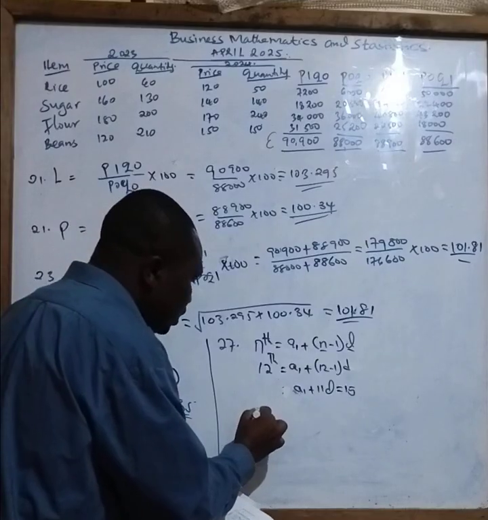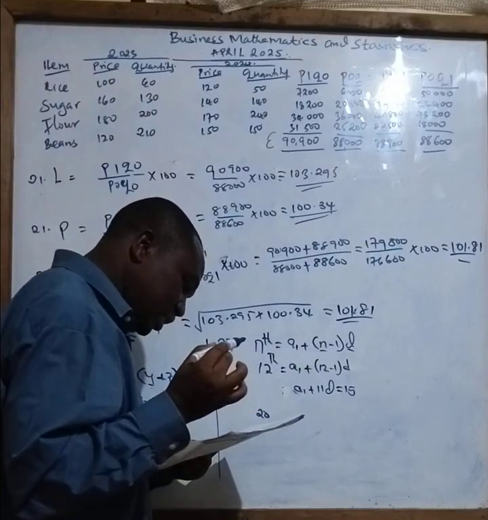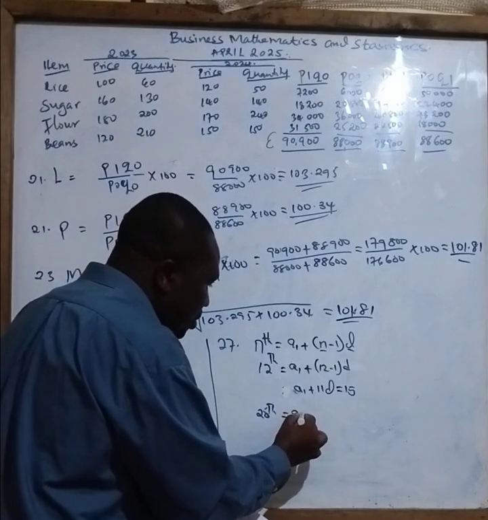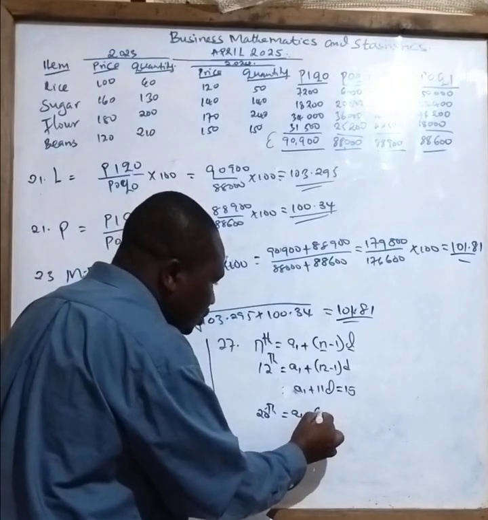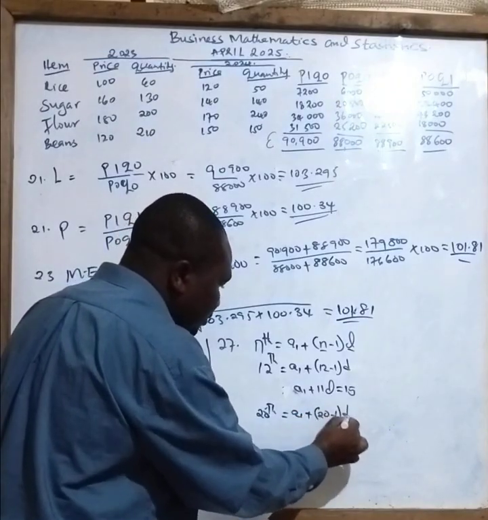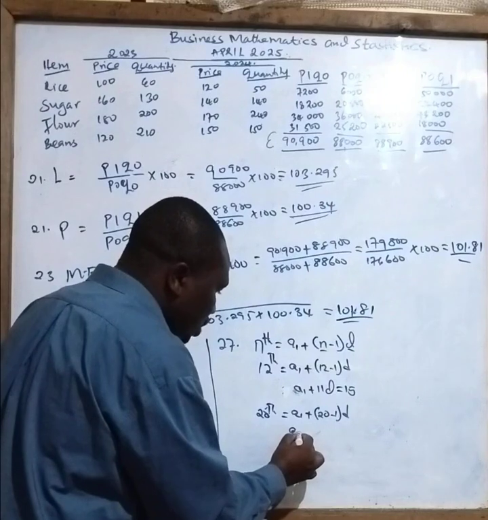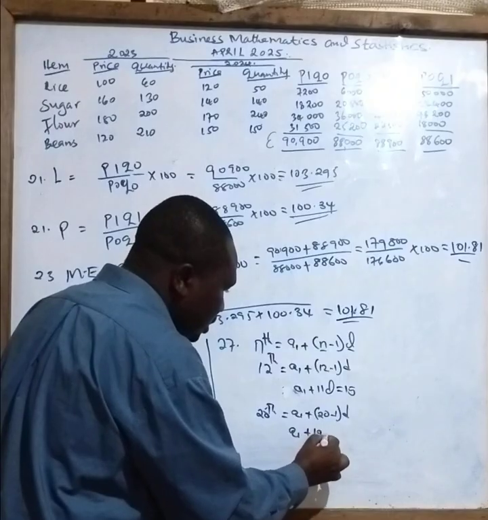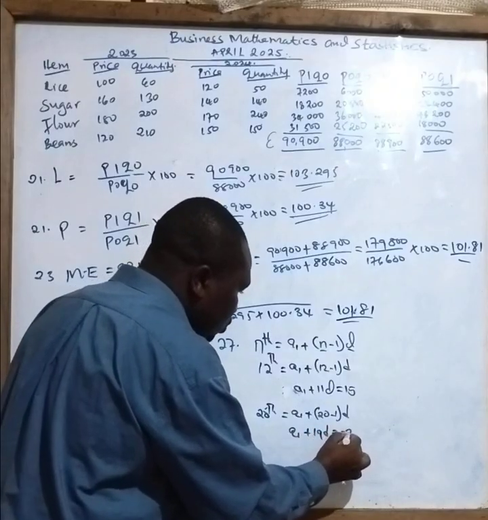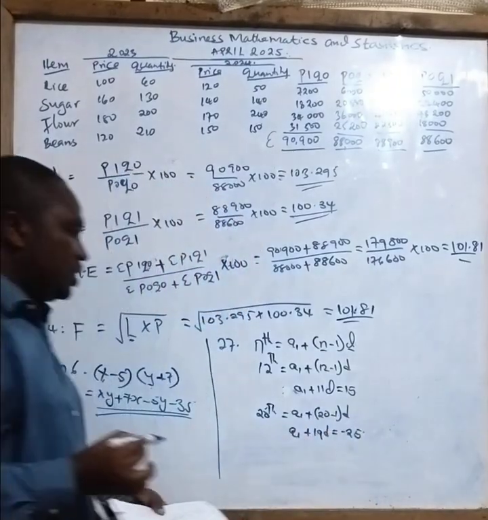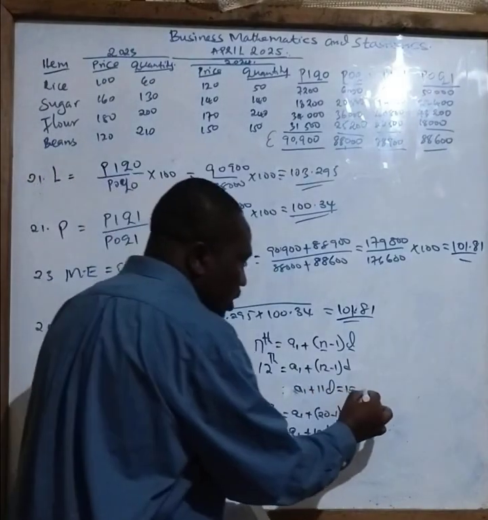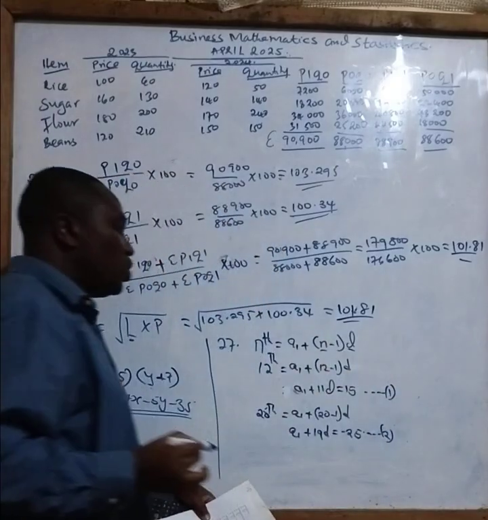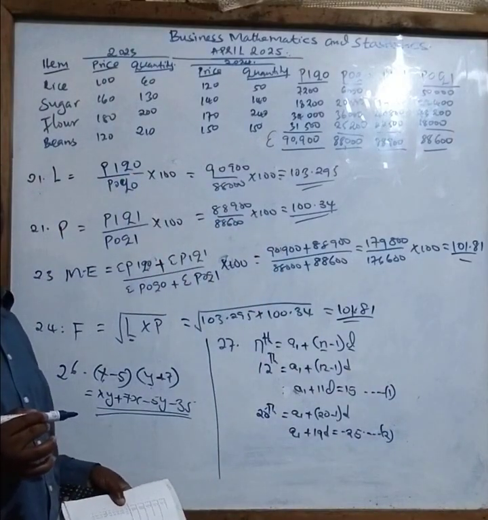Then the 20th term in this case will be a1 plus (20 minus 1)d. This gives you a1 plus 19d equals negative 25. Now this one here is equation 1 and this one here is equation 2. You solve equation 1 and equation 2 simultaneously.